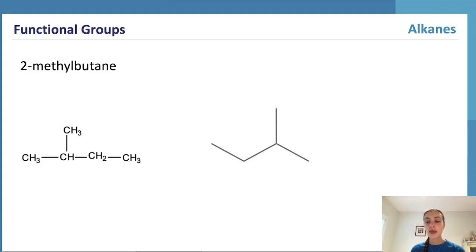Basically what these are is we've got a carbon, and we're just saying that these 3 hydrogens are bonded off this carbon here. So it's not necessarily anything different from the other one, it's just condensed down so that you can draw them in a smaller space.